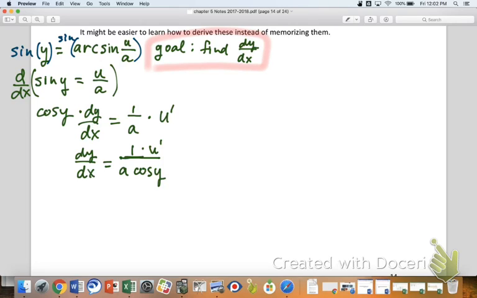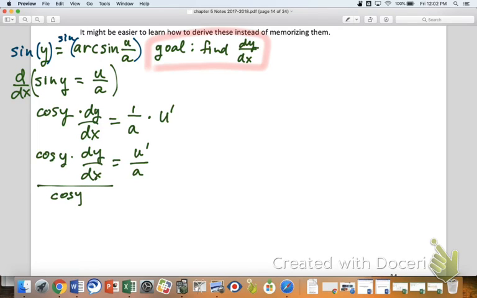So here, let me rewrite a little bit for you. Would you be okay if I rewrote this step like this? Does that make sense? Okay. So then if I divide both sides by cosine y, if you go back to that old stuff, if you've got a fraction divided by something, or something divided by a fraction, or a fraction divided by a fraction, what's that rule?